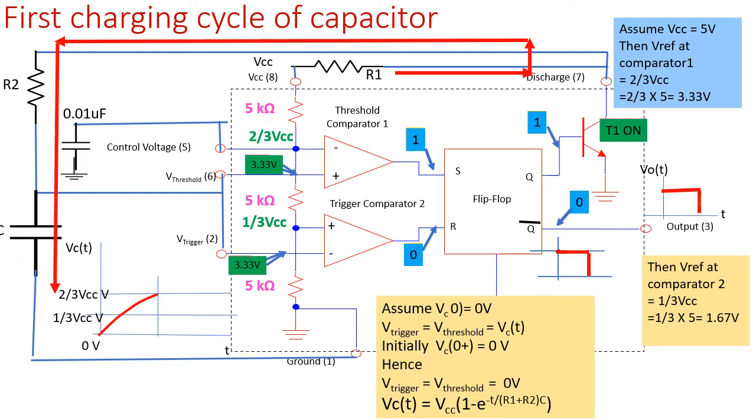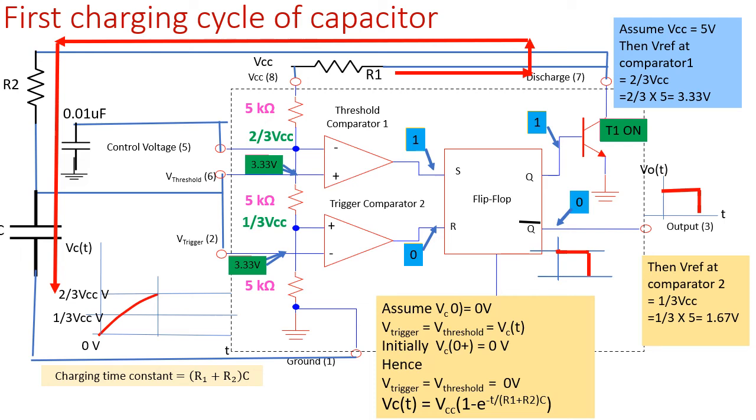The voltage at any time t we can calculate using this formula: VCC times (1 minus e to the power minus t by (R1 plus R2) into C). My (R1 plus R2) into C is the charging time constant. So in this time my capacitor will charge.